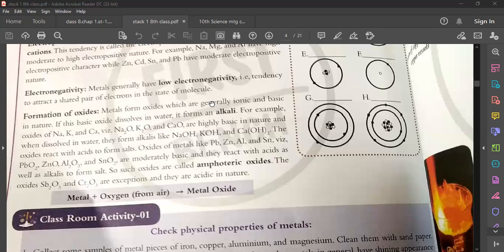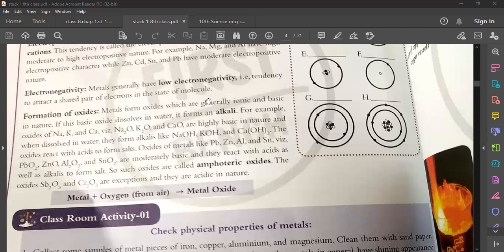Yes, sir. That's why the first group elements in the periodic table are called alkali metals. Those bases are all dissolved in the water. Okay.